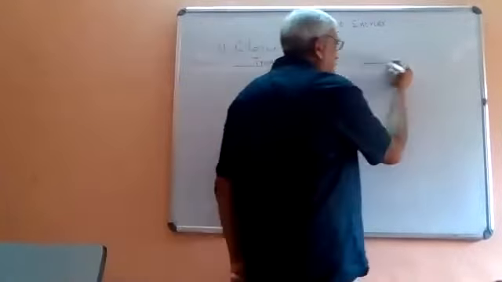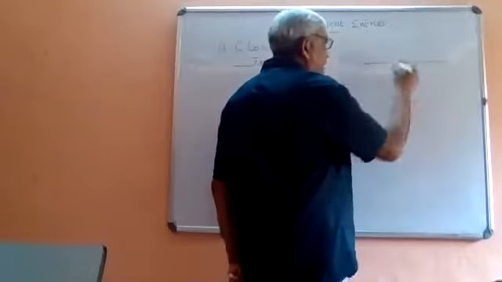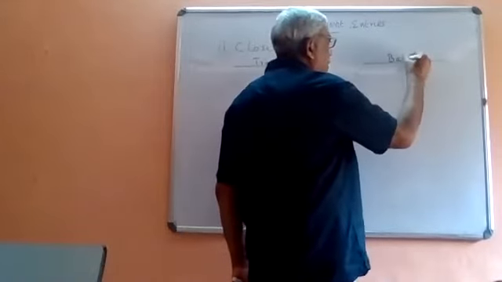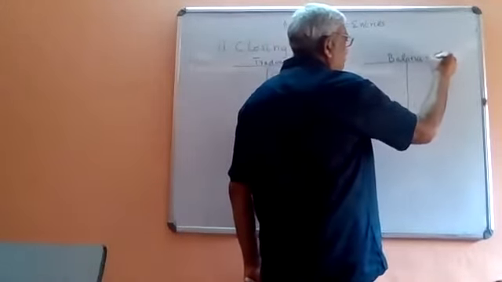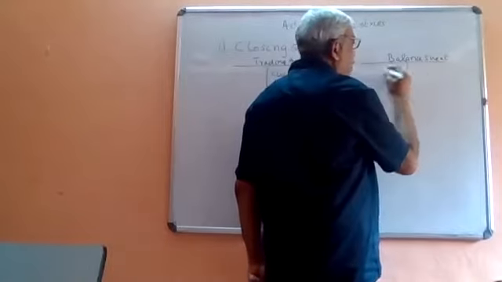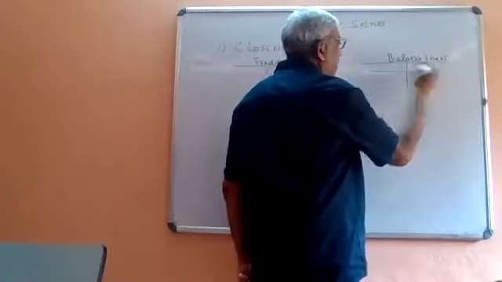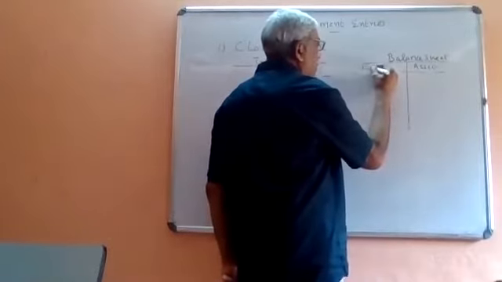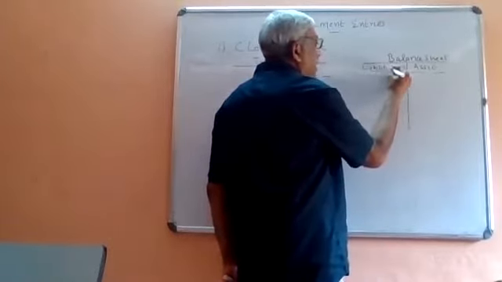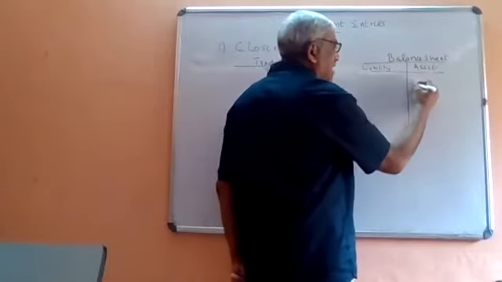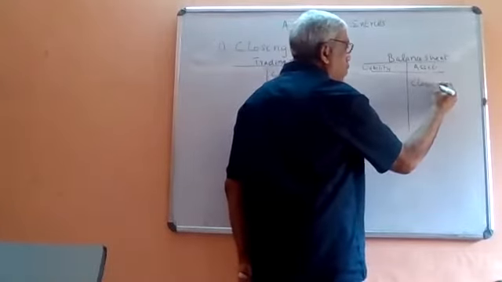Then in the balance sheet, this is the asset side, this is the liability side. So on the asset side, I will write closing stock.